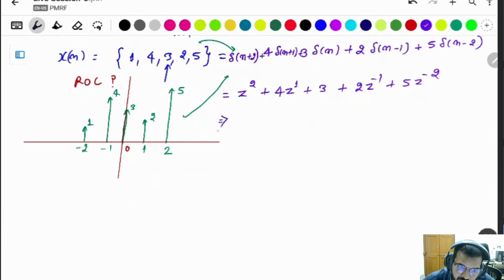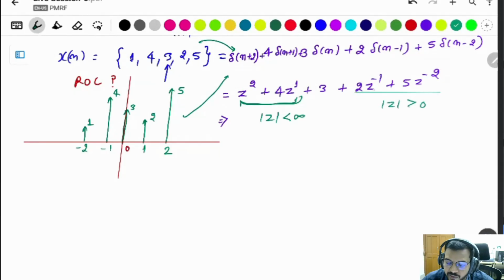Okay. ROC of this one, then mod of Z should be less than infinity. For these two terms, the mod of Z should be less than infinity. Here you should take mod of Z greater than 0. This is 1 by Z. If we take Z equal to 0, then what happens? This function will be infinity.